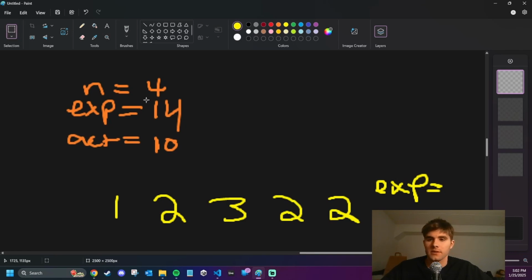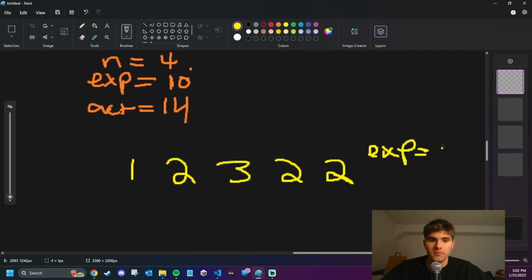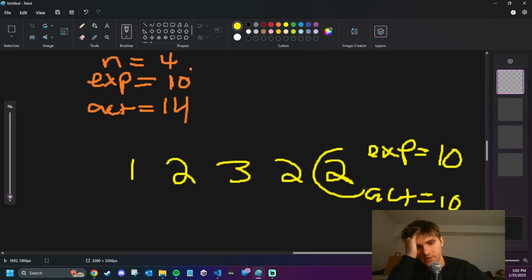Wait, I think I mixed these up actually. The actual is 14. So if we just use n, the expected here would be 10, because 4 plus 3 plus 2 plus 1, and the actual is 10, which is not good because there's an extra number.